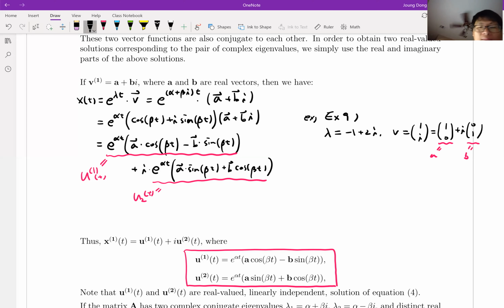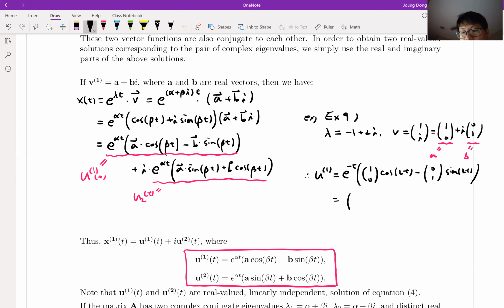We can decompose the vector with i into a real vector and an imaginary vector. In this case, we can say (1, 0) is a and (0, 1) is b. Let me apply everything. Then my u1 is equal to e to the minus t times a, (1, 0), cosine 2t minus (0, 1) sine 2t, which is equal to e to the minus t cosine 2t and minus e to the minus t sine 2t. And what about u2?